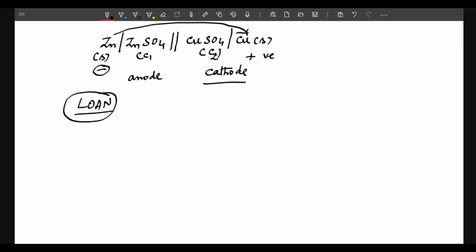Okay. And here, in which compartment is there a loss in the weight of the electrode, and in which compartment is there a gain in the weight of the electrode?